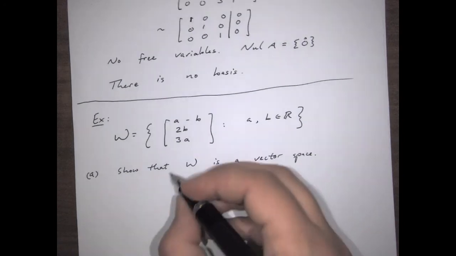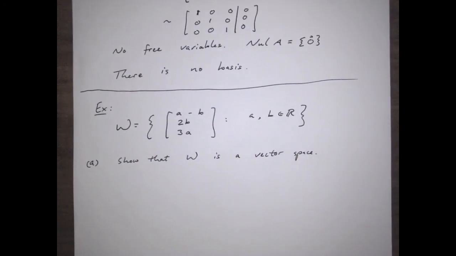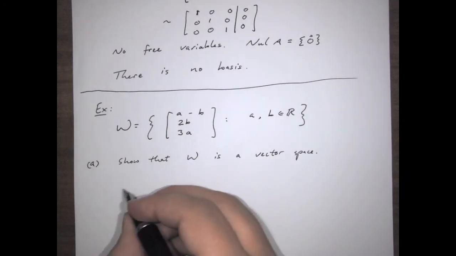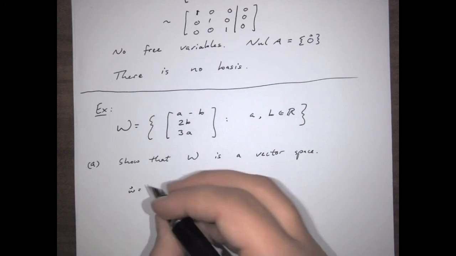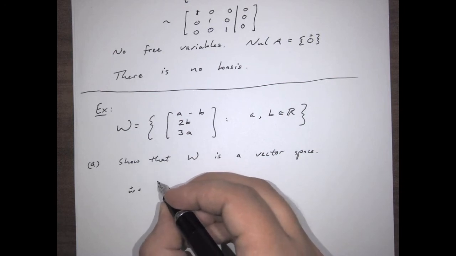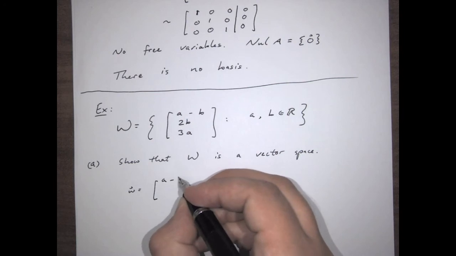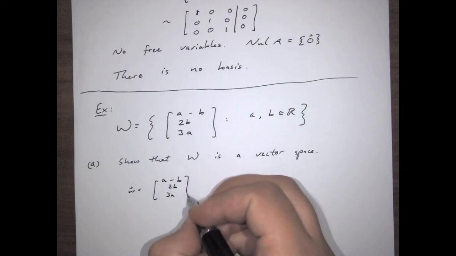Well, here we can try to find the columns that this is the span of. So if I take the elements of W, now here I'm going to write them with W. In the previous section I wrote them with A. It doesn't matter though. So those are things of this form: A minus B, 2B, 3A.